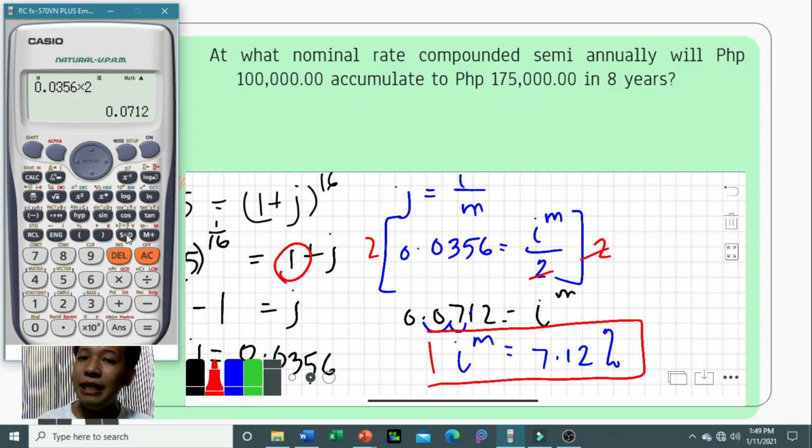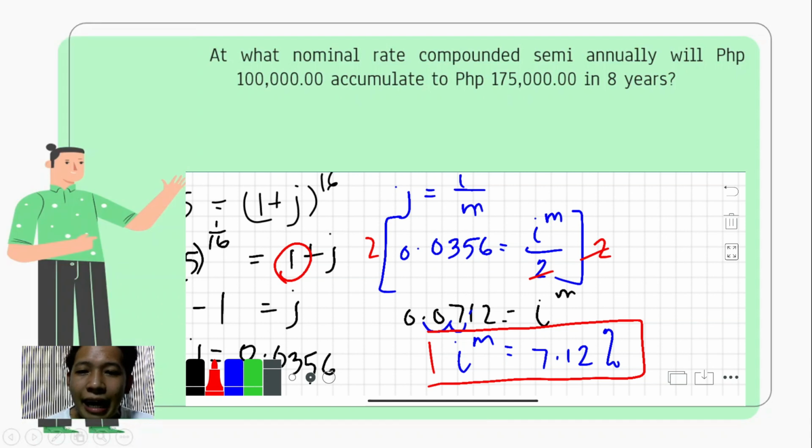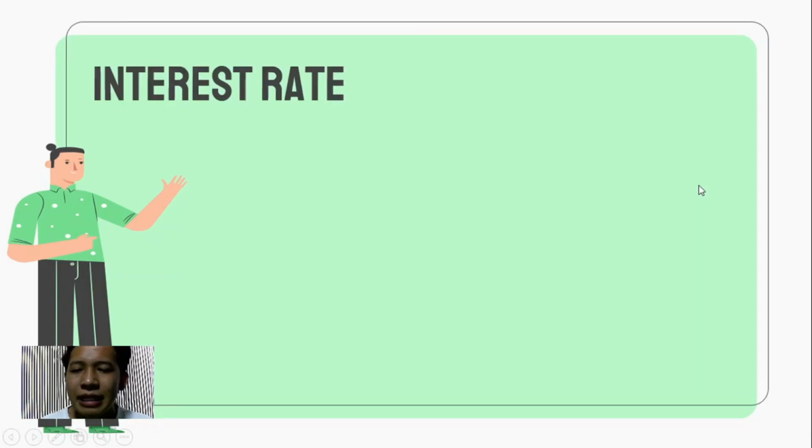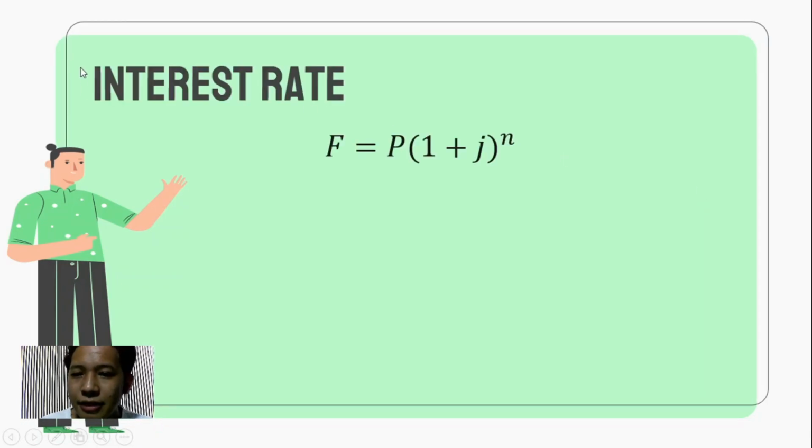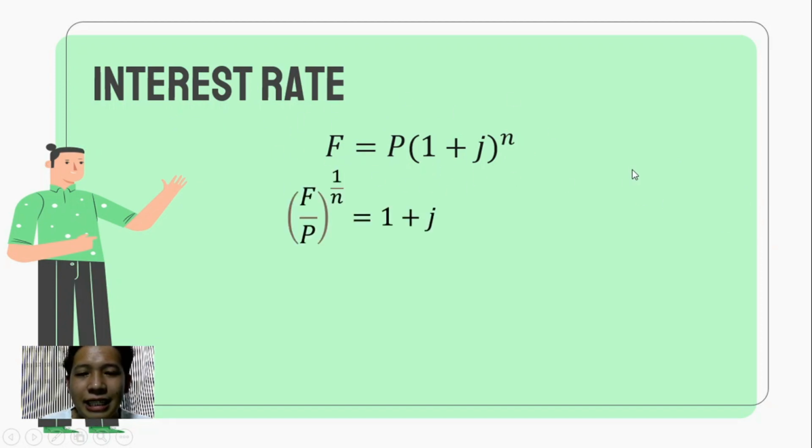Okay, and to formally have our formula in getting the nominal rate, we have this one. So, the interest rate or the nominal rate, nanggaling din po siya dito sa formula natin kanina, which ang ginawa is dinivide both sides by P. Kaya nagkaroon tayo ng F over P. And then, para matanggal yung N, nilipat natin siya sa kabila given that naging fractional na po yung exponent.